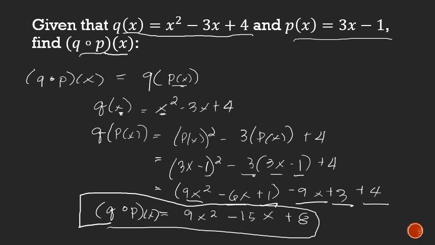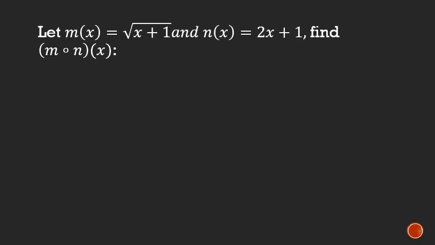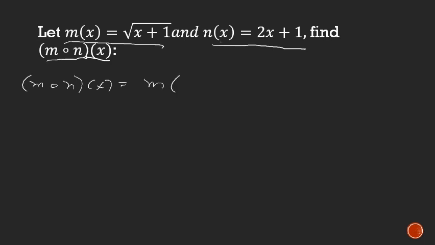Next example. Let's say we have m of x equals square root of x plus 1 and n of x equals 2x plus 1. We want to find the m circle n of x. By the definition, m circle n of x is just equal to m of n of x.